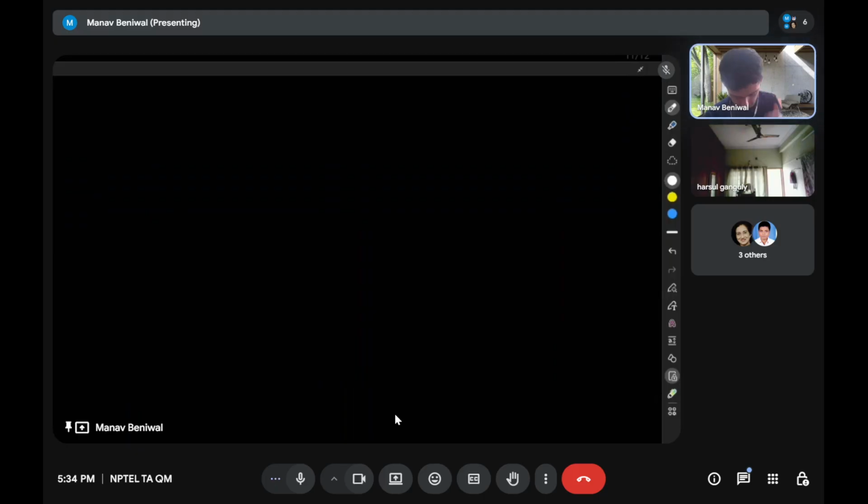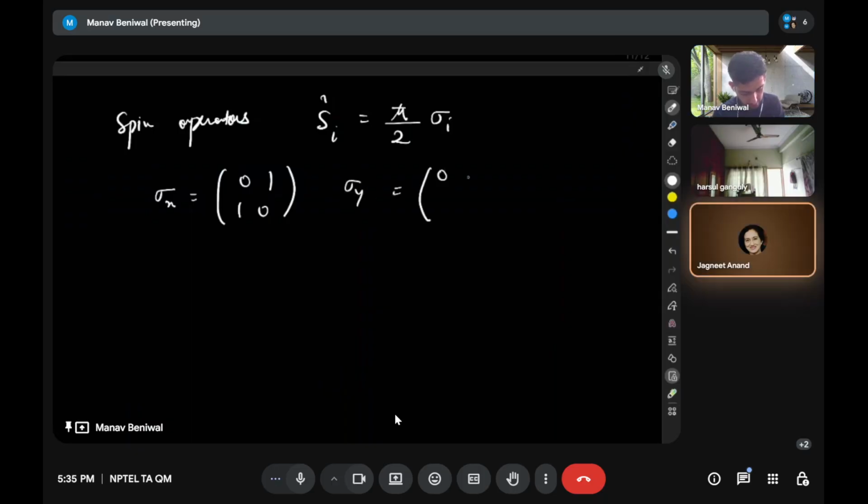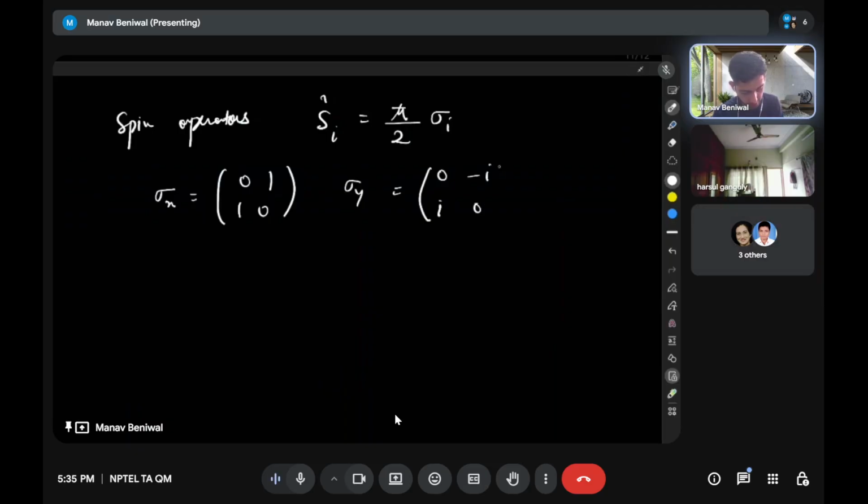We define these spin operators in terms of Pauli matrices, right? So any Si will be just h cut by 2 sigma i, where sigma x is 0 1 1 0, sigma y is 0 minus iota, iota 0, and sigma z is 1 0 0 minus 1.